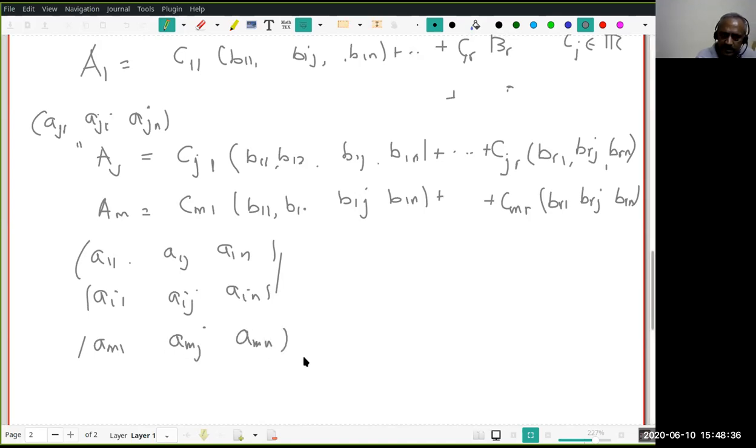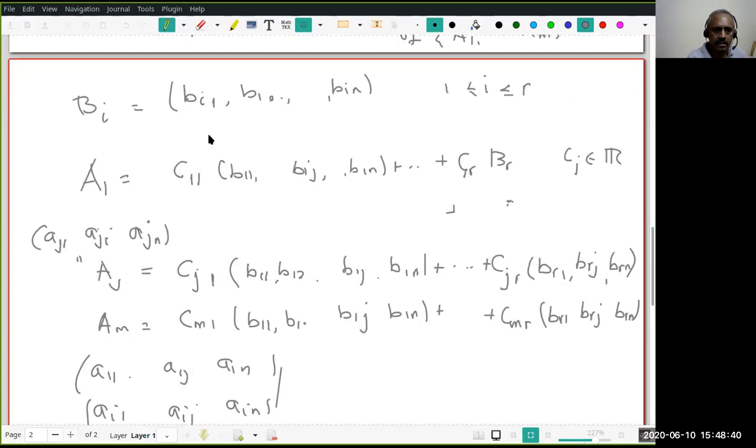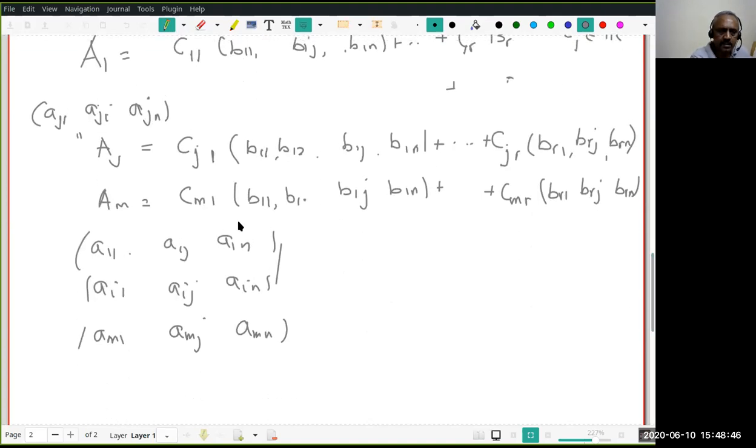You understand this? Now, each of the rows is going to be a sum of these things. The trick is, when I write this, I remove these brackets. Then it's like this entire matrix a_11, a_1j, a_1n, a_21, a_2j, a_2n, a_m1, a_mj, a_mn. Is that okay? Now put a bracket, and you have got the matrix.